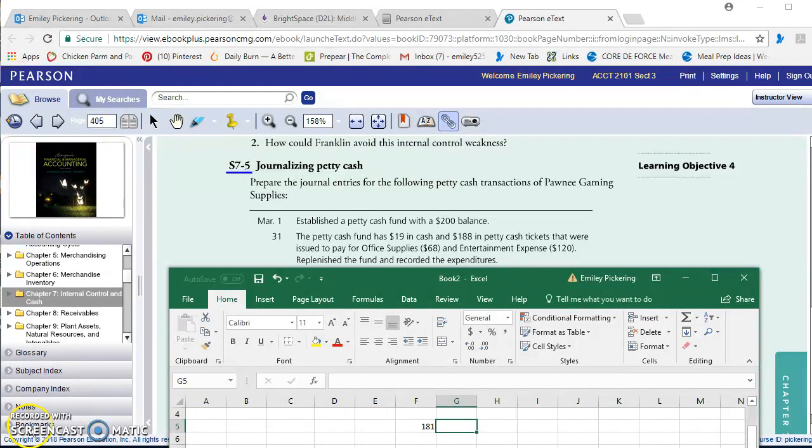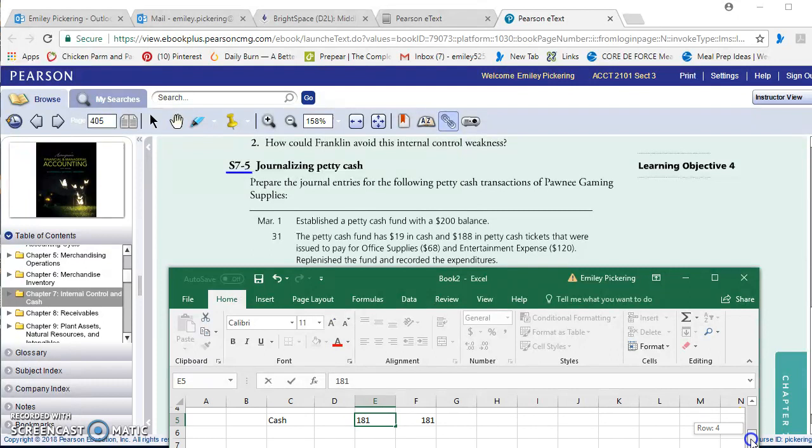So let's talk about what we need to do. Let's start with our entry. The first thing I want to think about is how much I need to put back into my petty cash fund, and I'm going to credit my cash. I know that's not the first thing you typically put in. You usually do a debit, but let's go ahead and credit our cash with how much we need to put in. Well, we need to put in, like I said, $181 in cash.